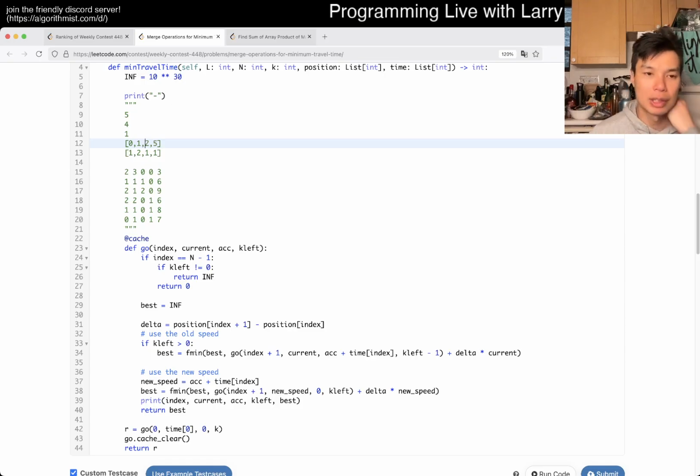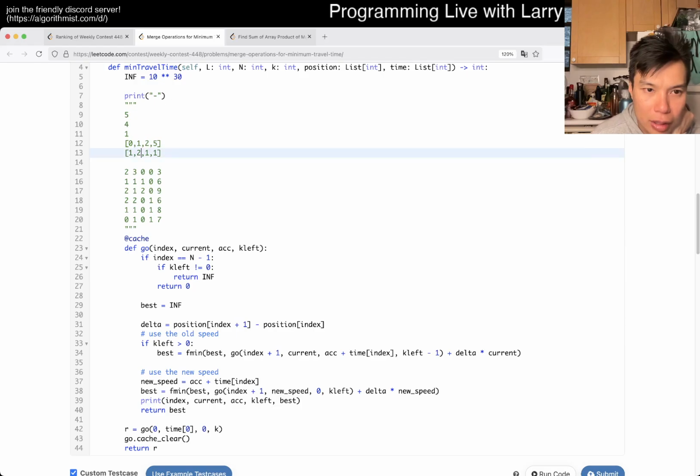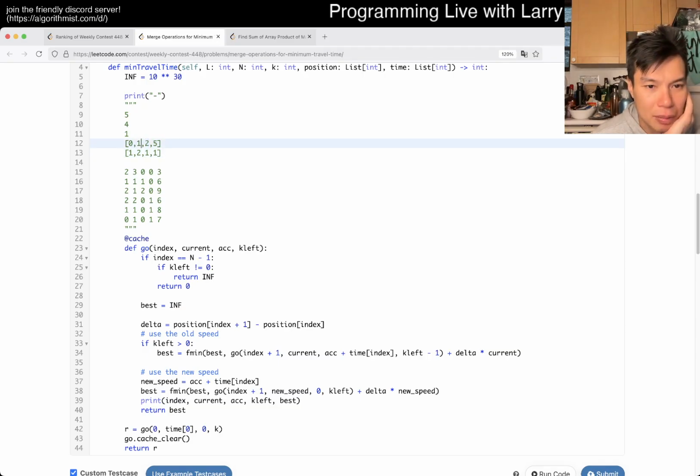Wait, okay, so going from 0 to 1, we go, okay. Going from 0 to 1, we go, okay, either we take at 1 or we take at 2. If we skip 2, then the next one is, what happens when we skip? Skip, I think my accumulating is wrong.